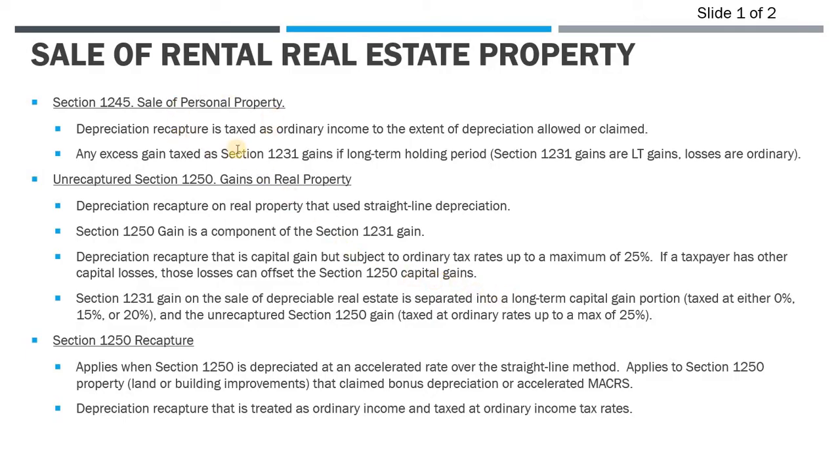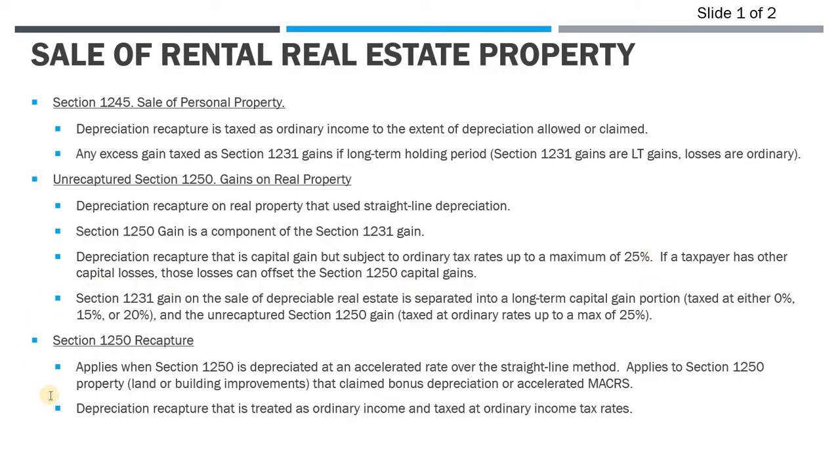In contrast, for the personal property, when we sell this and have depreciation recapture, it's all ordinary. So if you're in the top bracket, let's say 38%, you could potentially be paying 38% on that depreciation recapture. With unrecaptured 1250, the maximum rate that you would pay on that depreciation recapture is 25%.